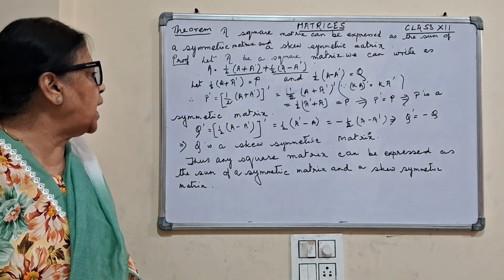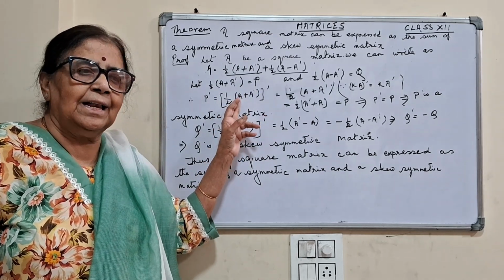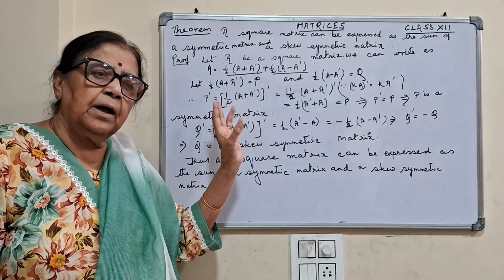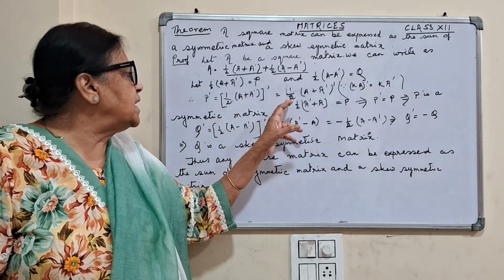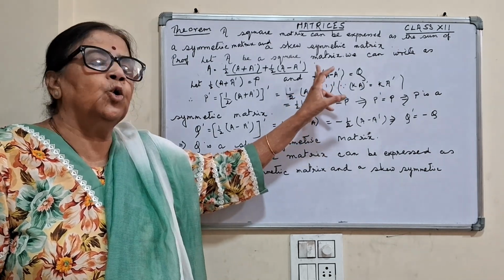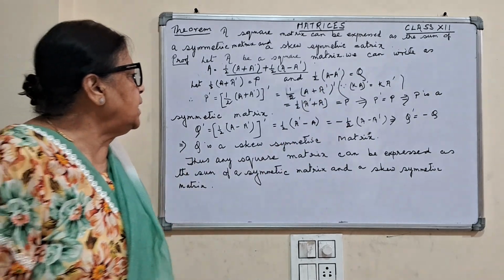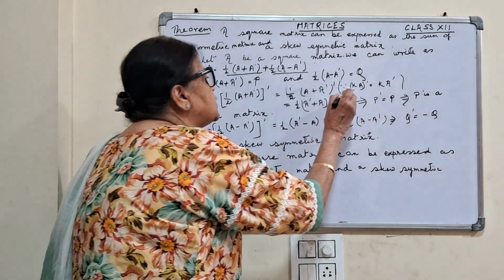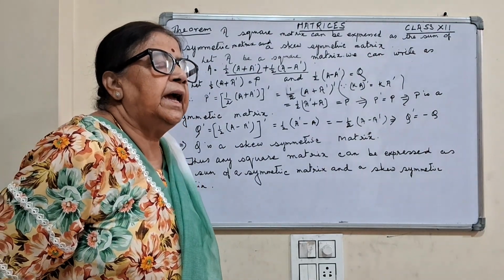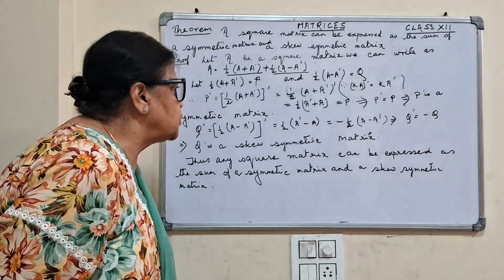When I write the whole transpose, half is a scalar. K transpose is always K, I have told you earlier. That is, half will remain as it is and A plus A transpose, whole transpose. Now when I change, we have done this already: K times A, whole transpose, is equal to K A transpose.